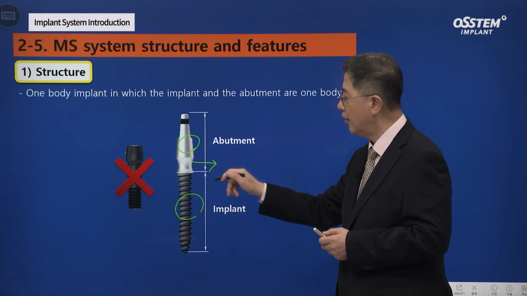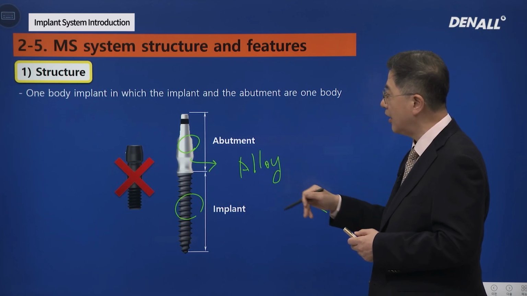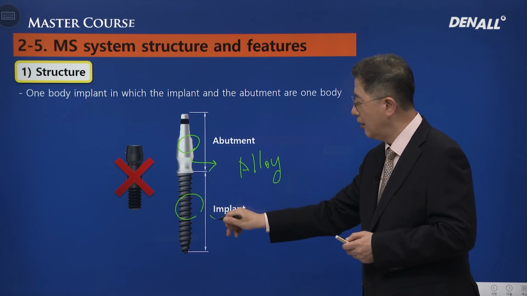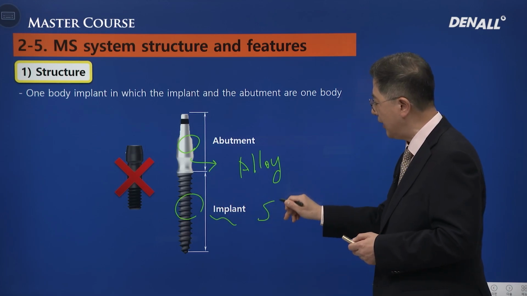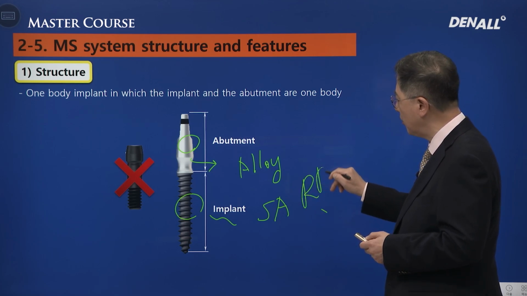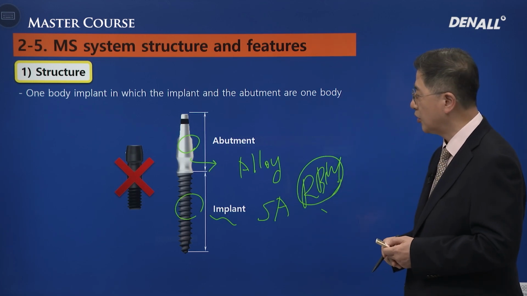Because it is very thin, it is made of alloy. This is the only titanium grade 5 implant, and this has an SA surface. Although many people use that, I prefer the RBM surface. It may differ depending on the surgeon.